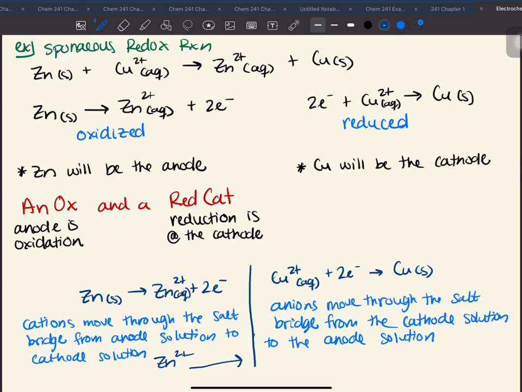So in this case, it's going to be the counter ion for your cation, and they are going to be moving back in the other direction.